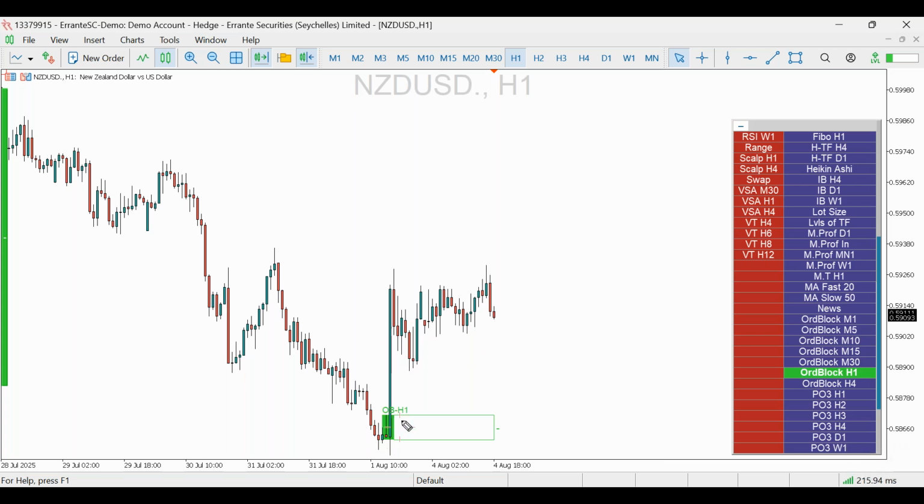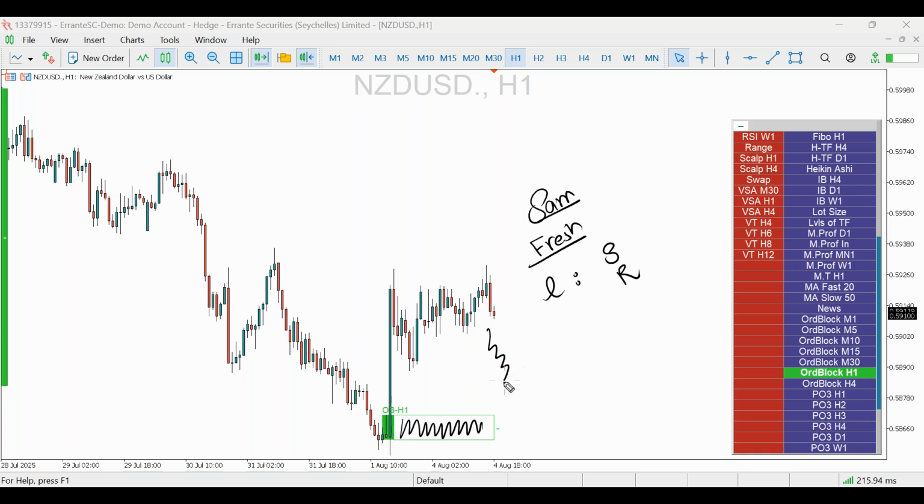And we can do one more thing. This level, what Sam said, is a fresh level of support and resistance. Okay, so as he said, this level over here is a fresh level of support because, see, it has not been touched again.